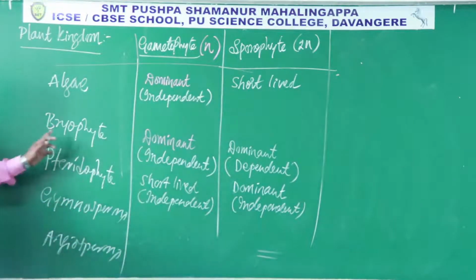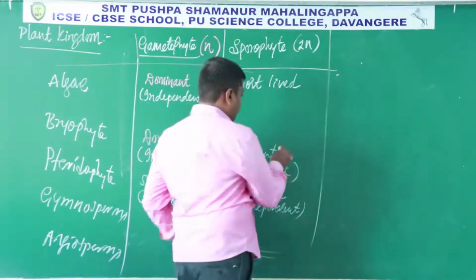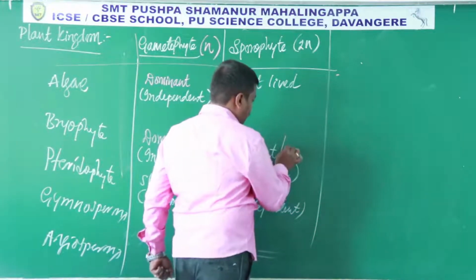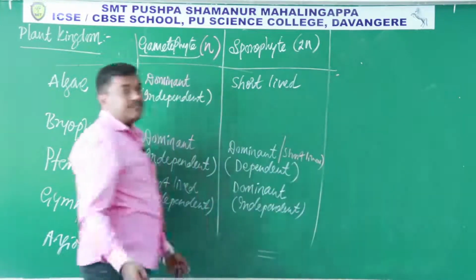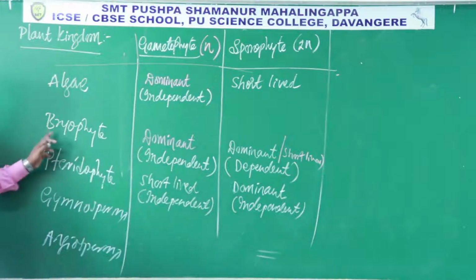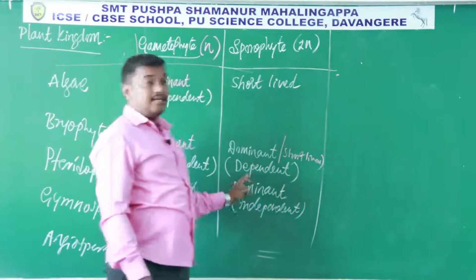In bryophyte, gametophyte is sometimes dominant, sometimes short-lived, like 50-50%. So in bryophyte, gametophyte is independent and sporophyte is dependent.